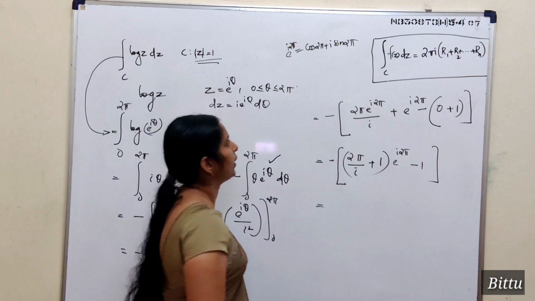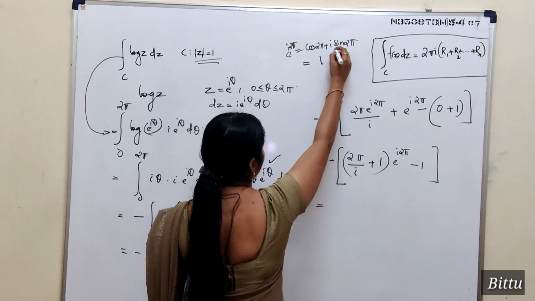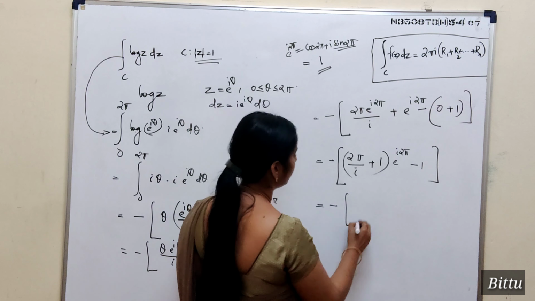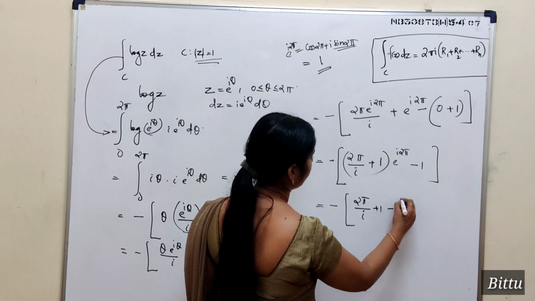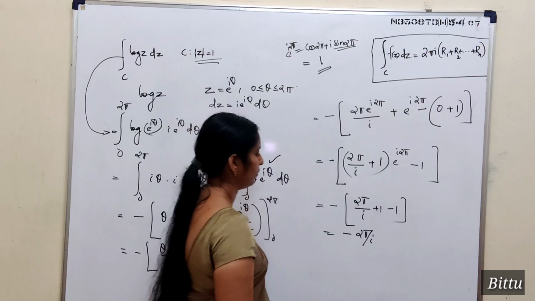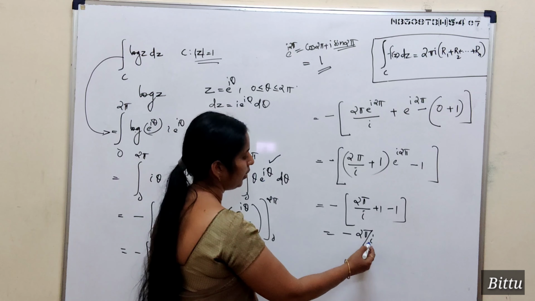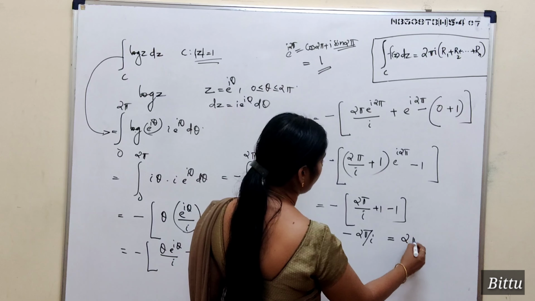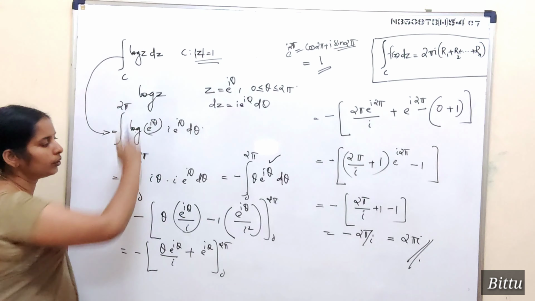So e raised to i 2 pi is cos 2 pi plus i sin 2 pi. Cos 2 pi is 1, sin 2 pi is 0, so its value is 1. So it is minus 2 pi by i plus 1 into 1 minus 1. So it is minus 2 pi by i. Again 1 by i is minus i, so it is 2 pi i. So the value of the given integral is 2 pi i.